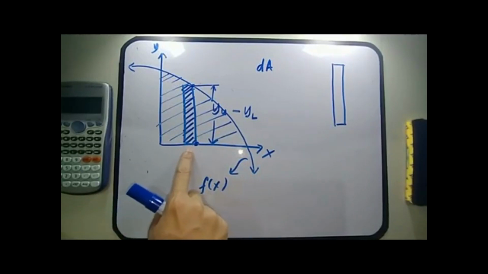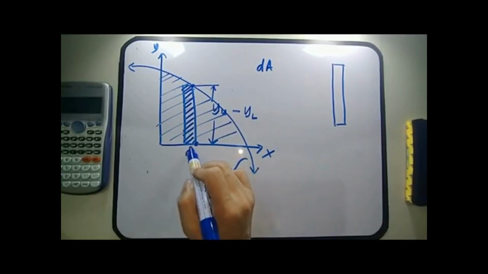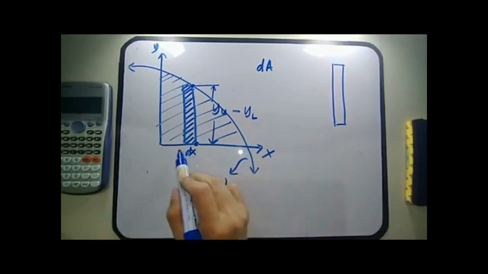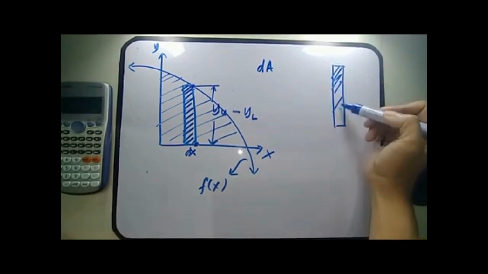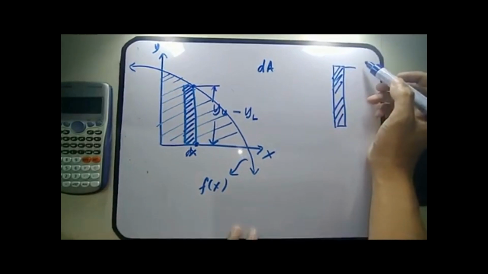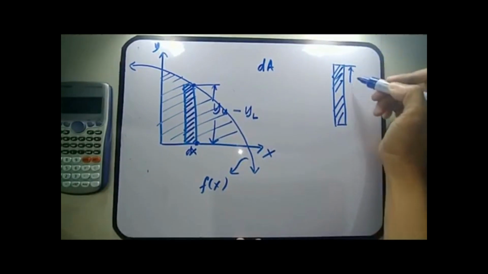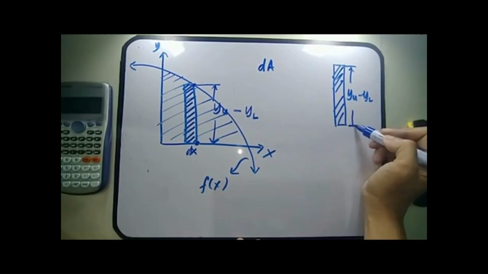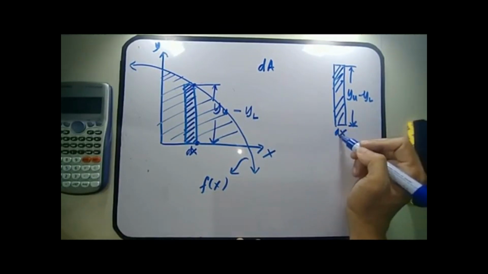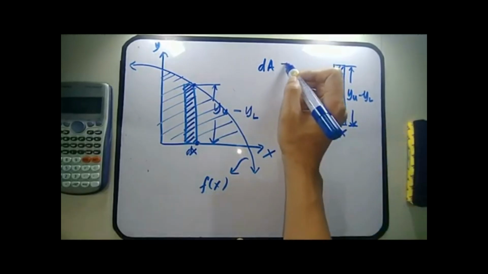So it's just like a distance formula, guys. And this width here can be represented as dx since it lies on the x-axis. So this height is y upper minus y lower, that is y sub 2 minus y sub 1, and this width is differential of x.